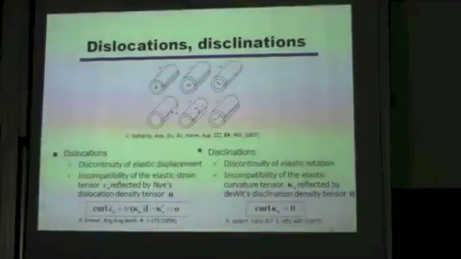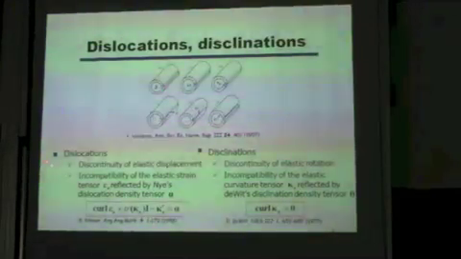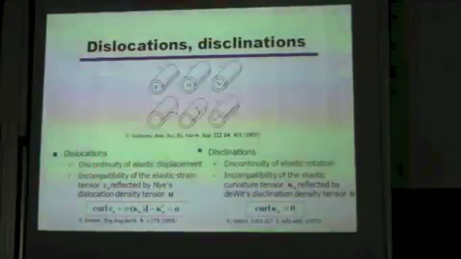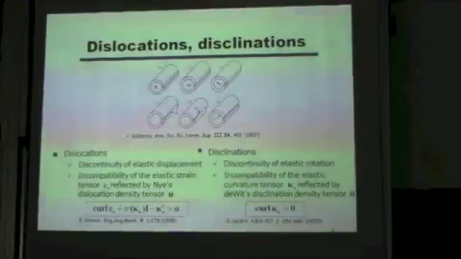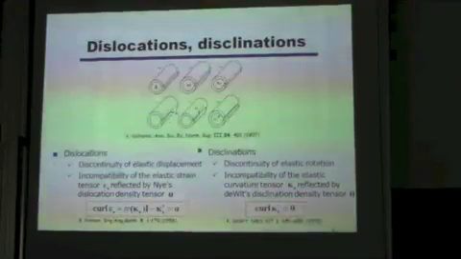Okay, so to formalize this, first with dislocations, I am just borrowing from Kroner here in his work of the 1950s. So a dislocation is a discontinuity of the elastic displacement or plastic displacement. In our theory, as I mentioned, there is nothing discontinuous.